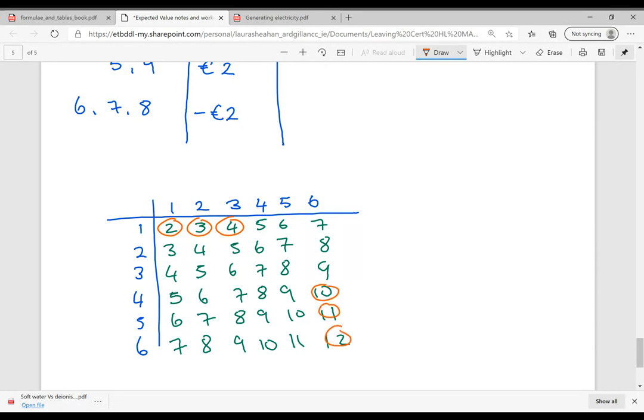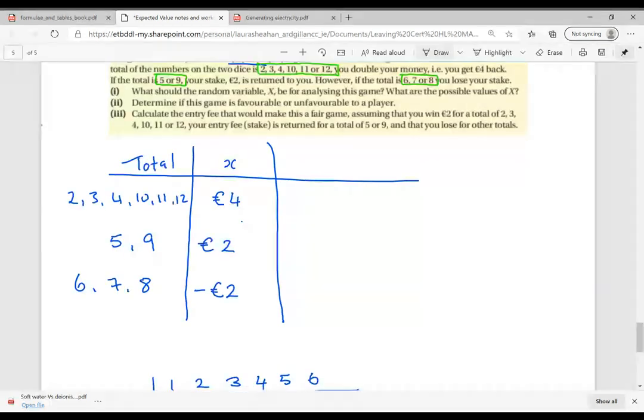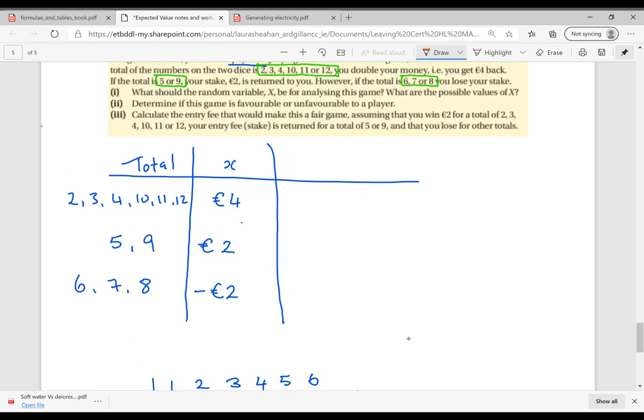Okay, so 2, 3, 4, 10, 11, and 12, and that should be all of them. So that's 1, 2, 3, 4, 5, 6, 7, 8, 9, 10, 11, 12. Okay, so that is 12 out of 36.